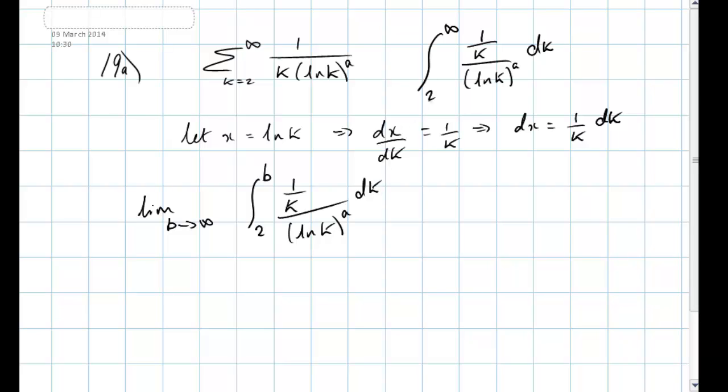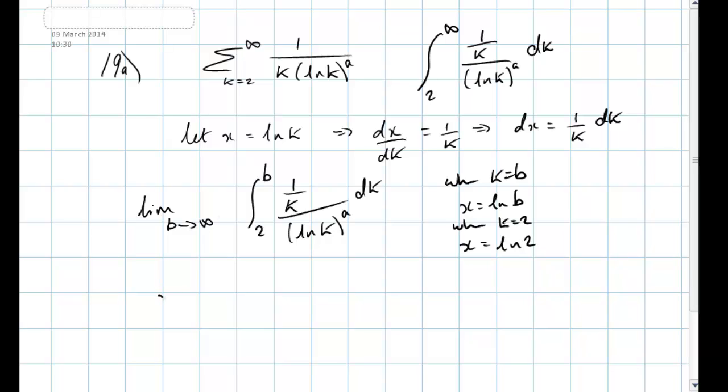And now it makes sense to say, when k is equal to b, then x is equal to the ln of b, and when k is equal to 2, then x is equal to the ln of 2.